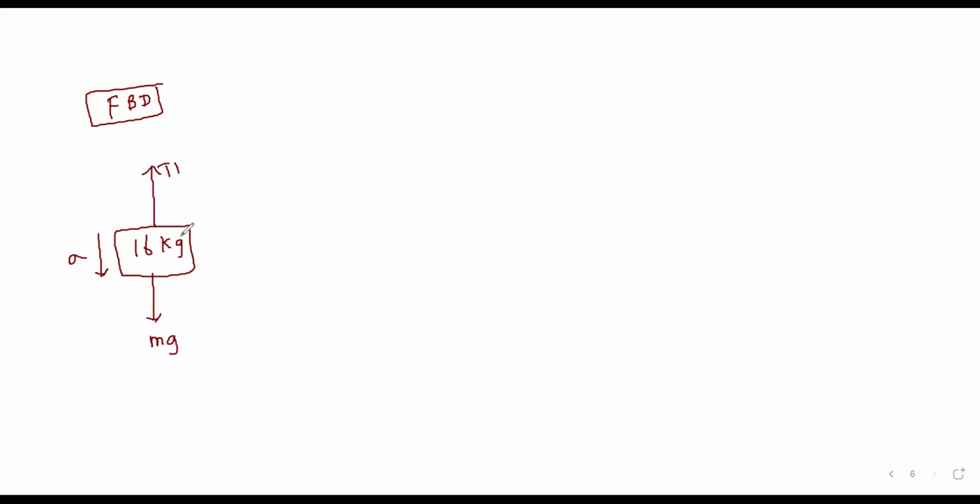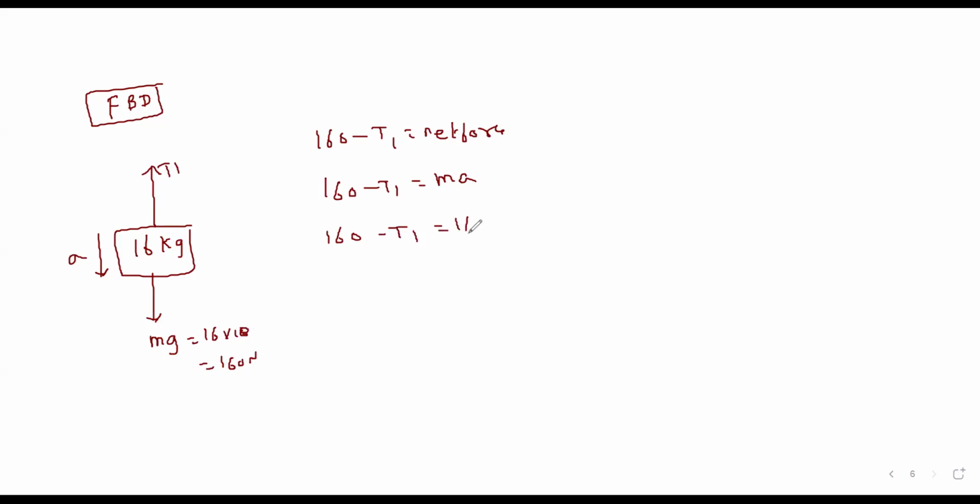Out of T1 and mg, what is mg? 16 into 10, nothing but 160 Newton. I am taking gravity as 10. So 160 minus T1 is equal to net force. So 160 minus T1 is equal to ma. 160 minus T1 equals 16a. This is equation number 1.